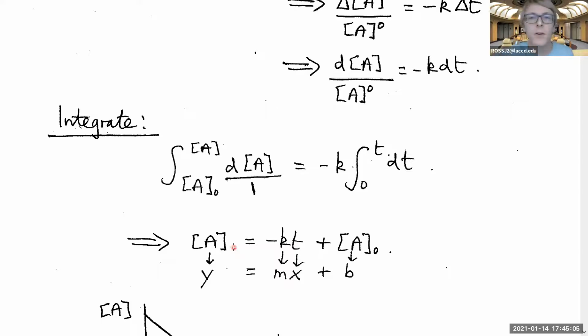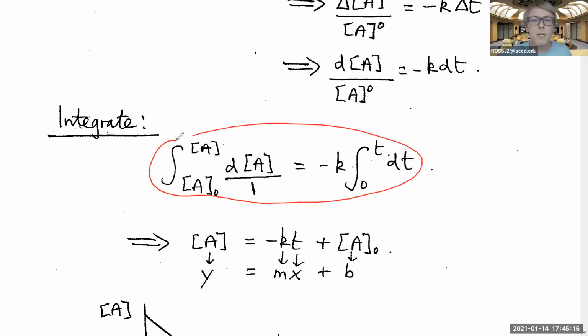So if you can't follow that step immediately, let me just add in the intermediate. This expression here is immediately going to give me the following. If I integrate between these two extremes, I'm going to get A at concentration at time t minus A at concentration at time 0.